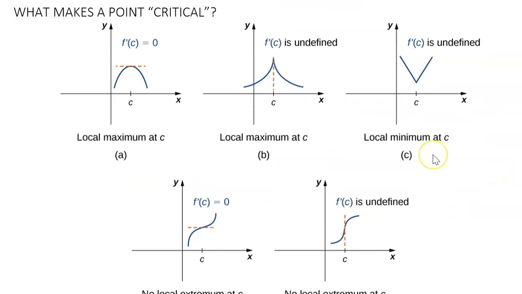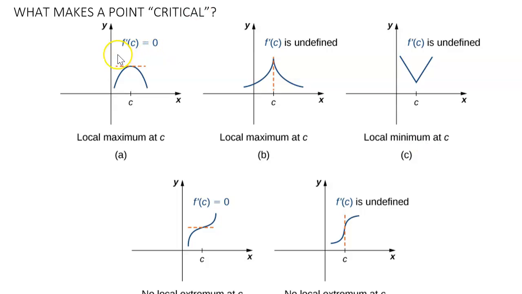What makes a point critical? So up in the definition at the beginning of the notes, the definition of a critical point is any point where the derivative of the function is either 0 or undefined. Now having a extrema, local extrema, does guarantee that you have a critical point, but having a critical point does not guarantee that you have either a maximum or a minimum.